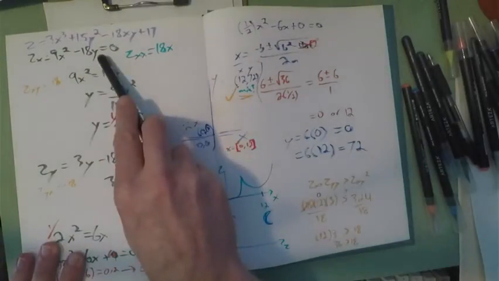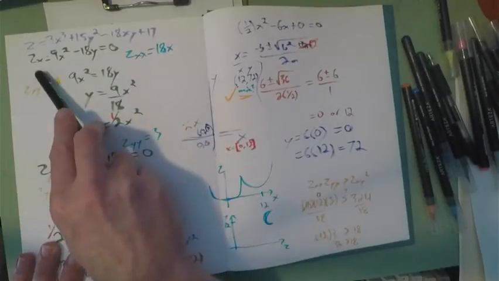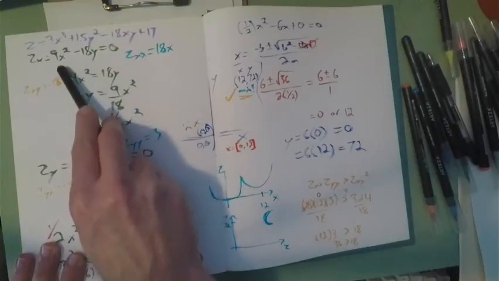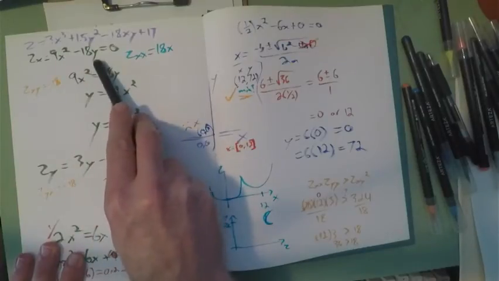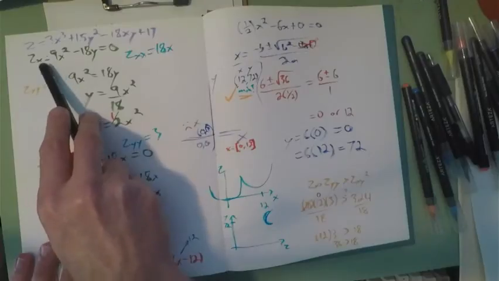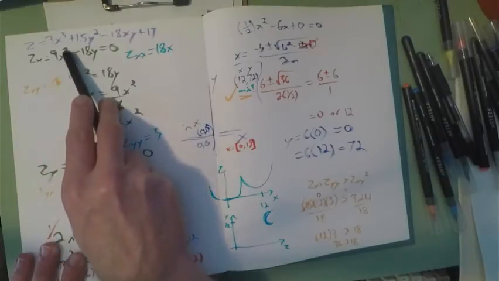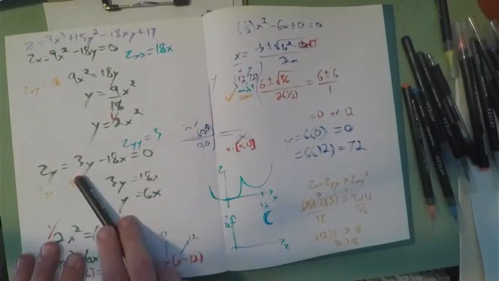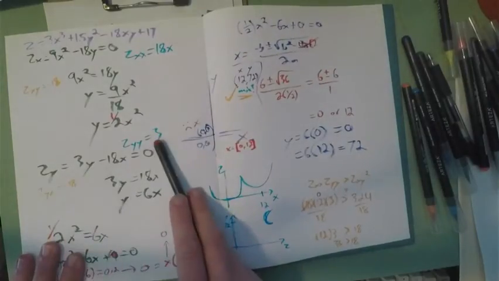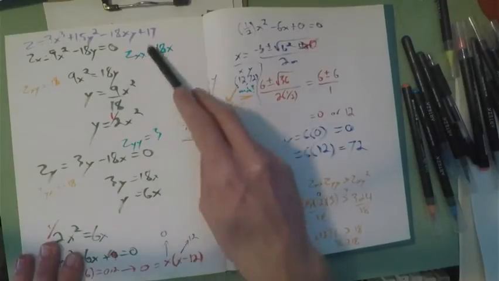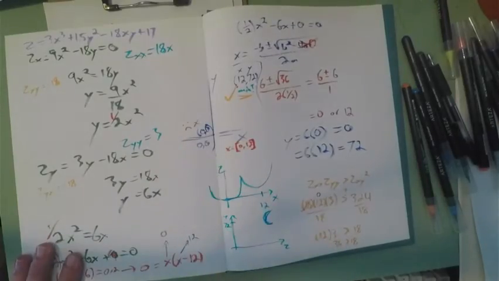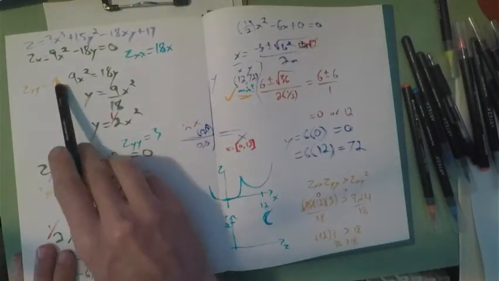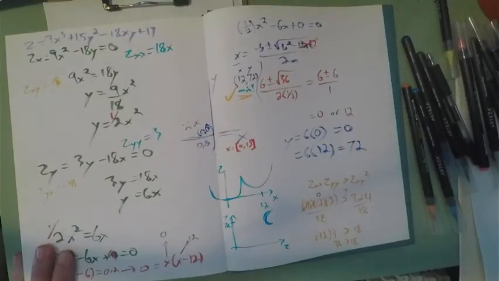So with zxx being this, zx equals this, zxx is the derivative of this with respect to x, treating y like a constant, which is just bring down the 2. 2 times 9 is 18, times x to the power of 2 minus 1, which is 1, is 18x. Over here, derivative with respect to y, we get a 3. So we've got those derivatives. We find our cross-partial derivative, which was negative 18 for both of them.